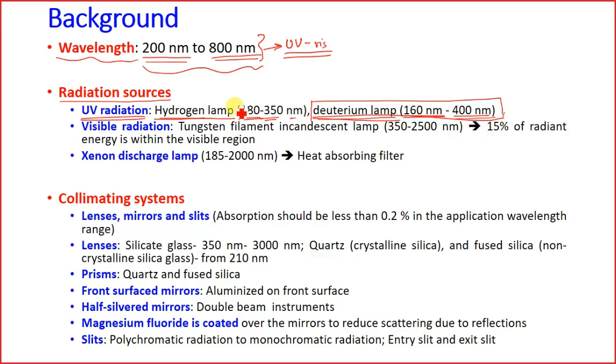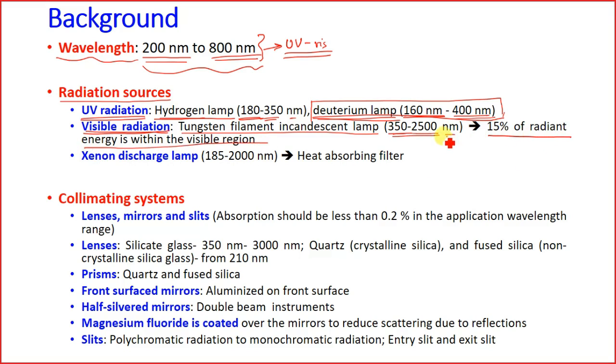Then for the visible radiations, we have the tungsten filament incandescent lamp, which generates wavelengths in the region of 350 to 2500 nanometer. Of the total radiation generated by this lamp, only 15% of the radiant energy is within the visible region.